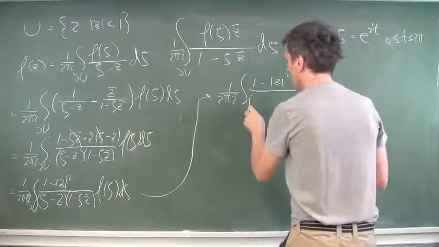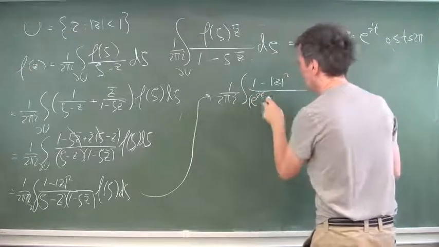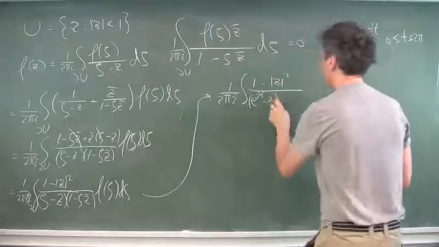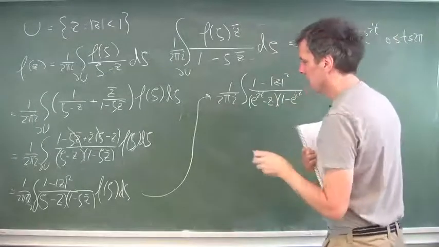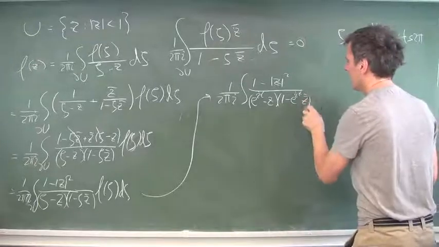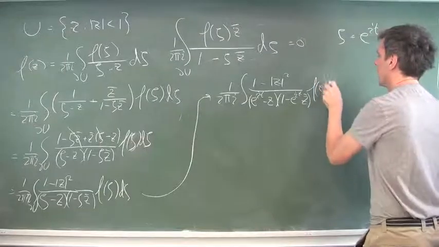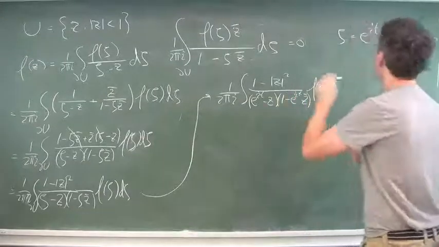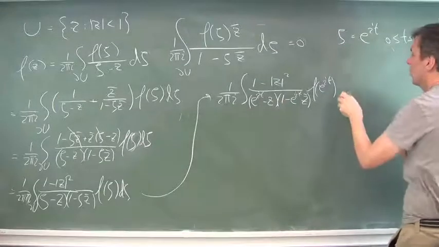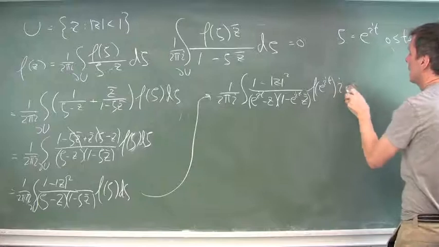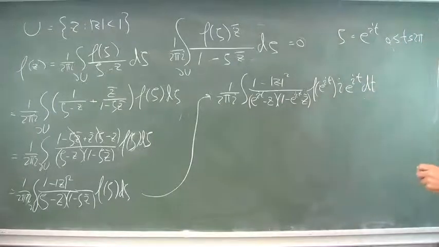And then we get down here e to the i t minus z times 1 minus e to the i t times z conjugate. And then we have f of e to the i t. And then we have the differential of this, which will be i times e to the i t dt.